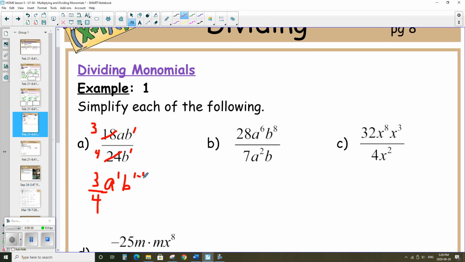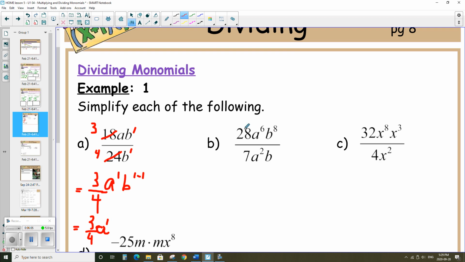I'm not just going to the final answer. 1 minus 1 will be 0. Okay, so 3 over 4, a to the 1, and then b to the 0, they're just going to cancel each other out, right? b1 divided by b1 is 1, so it's gone. So this is your final answer: 3 over 4, a to the 1.